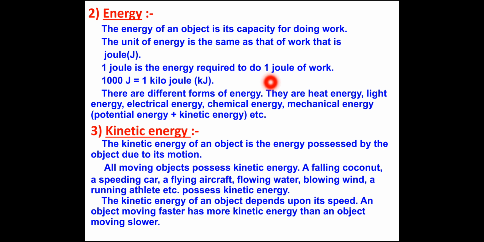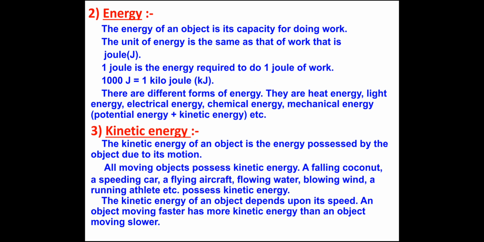If we want to do 1 joule of work, then how much energy is required? 1 joule. And 1000 joule means 1 kilojoule. This relation is given, and there are different forms of energy: heat, light, electrical, chemical, mechanical. These are the examples, or the forms of energy.